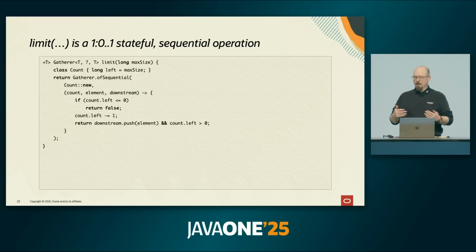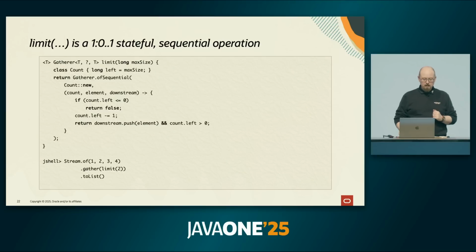If that's less than or equal to 0, then we don't want any more elements. We're already done. Otherwise, we just decrement our counter and push the element downstream, and if the downstream wants more elements and we still have an element count left, then we also want more elements. So in essence, if we try to use it, we can limit the stream to this count.